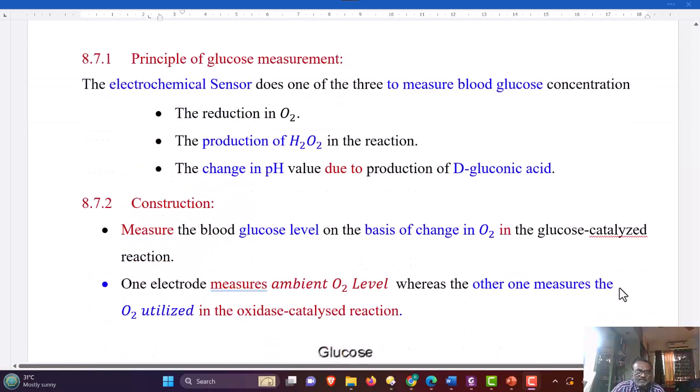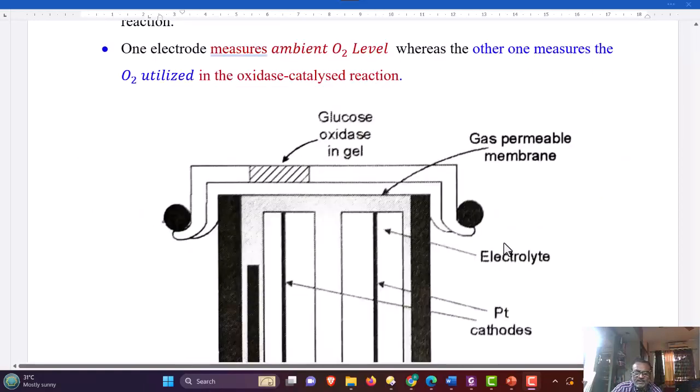The measurement can be done by measuring the oxygen level with two electrodes. One electrode measures the ambient O2 level and the other measures the O2 utilized during the reaction, and the difference of the O2 level is proportional to the glucose content in the blood.